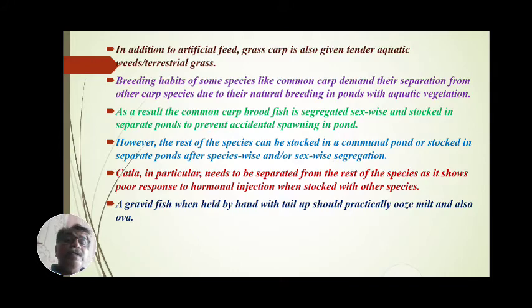A gravid fish, when held by hand with tail up, should ooze milk and also ova. When we observe that the fish is mature, ready for oozing out, ready for spawning, at that time the fish is to be taken in hand in such a way that the tail is in your hand and its head is on the lower side.